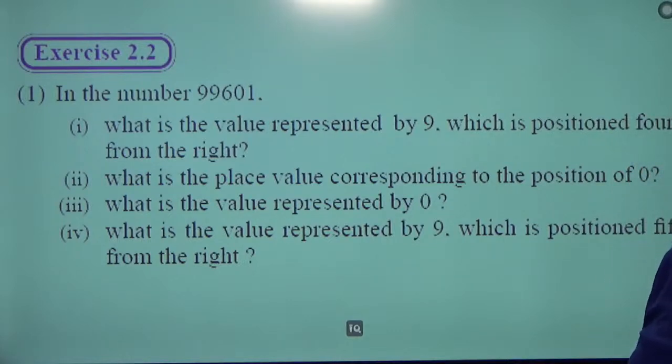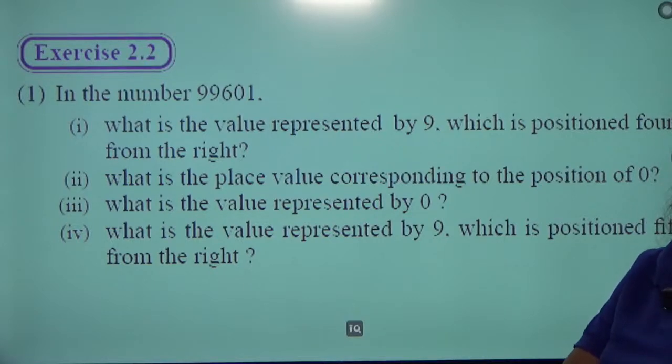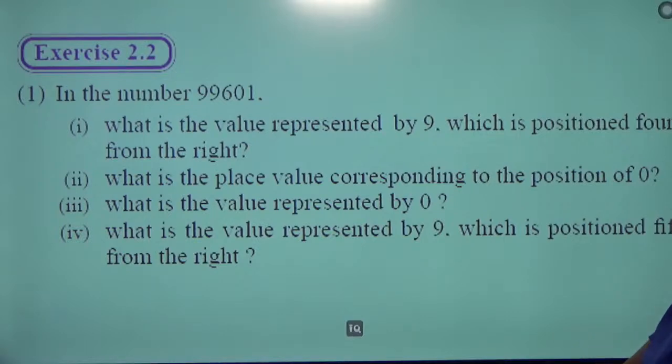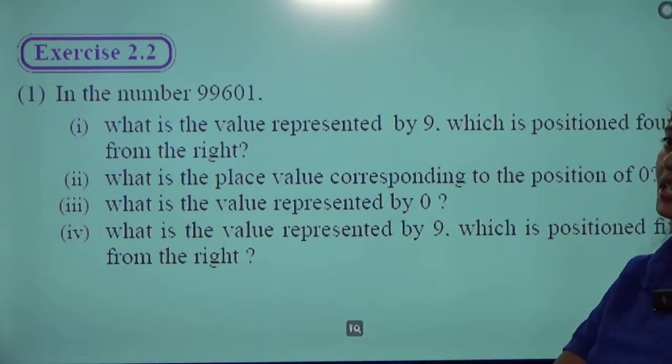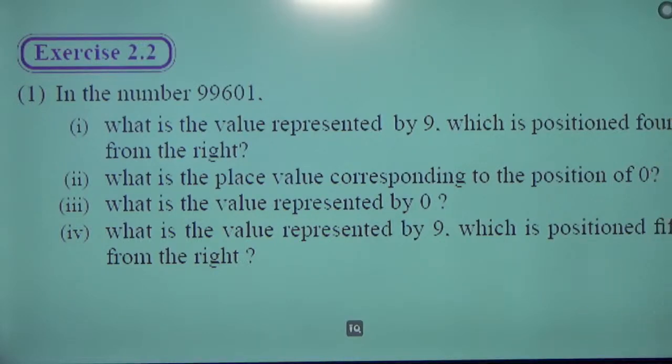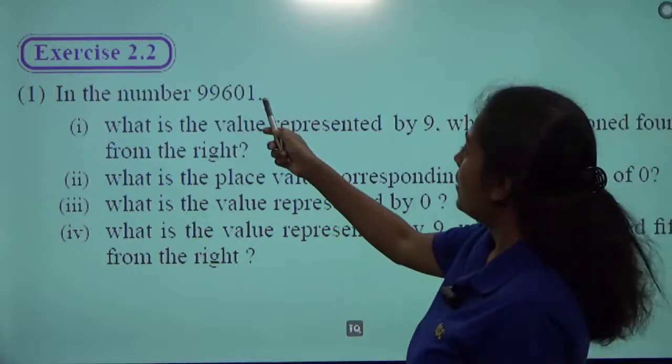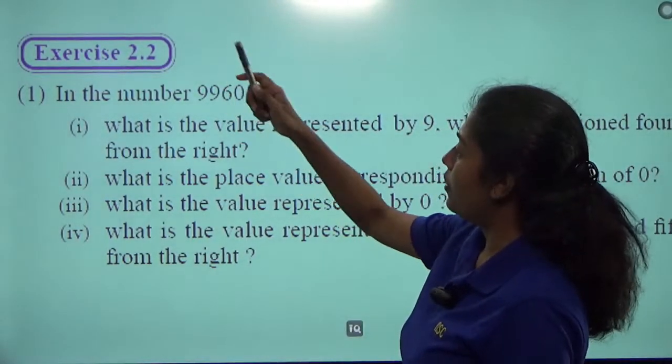In the number 99,601, what is the value represented by 9, which is position 4th from the right? Again read the question. That means 1, 2, 3, 4.